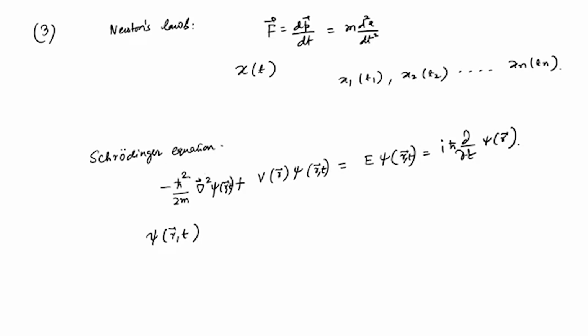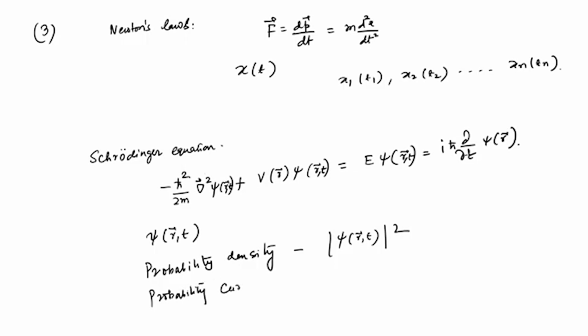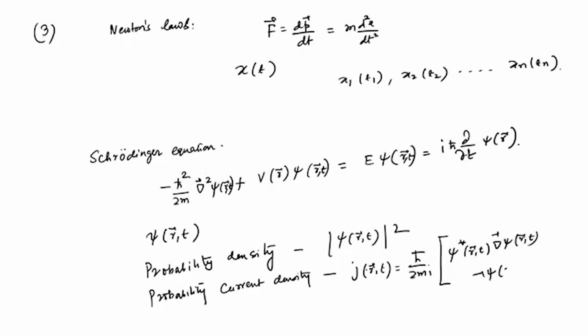It only acquires physical significance if you talk about the quantity called the probability density, which is given as mod psi of r t squared, or the probability current density, which is defined as J of r t, and if I remember the prefactors correctly, it is like this: psi star of r t del psi of r t minus del psi star of r t psi of r t.